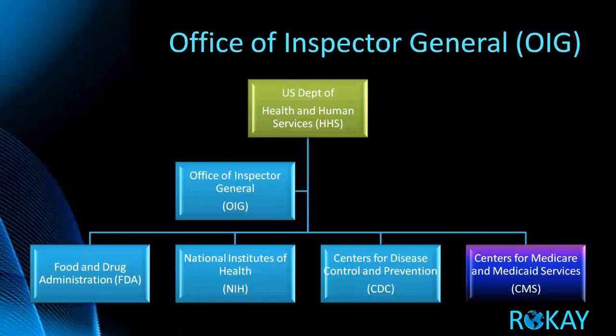So right in the middle of our diagram is the Office of Inspector General, or OIG. Sometimes you'll hear it referred to as just IG, the Inspector General. And here's the deal. HHS is responsible for spending billions of dollars of public money. They've got lots of programs to implement.